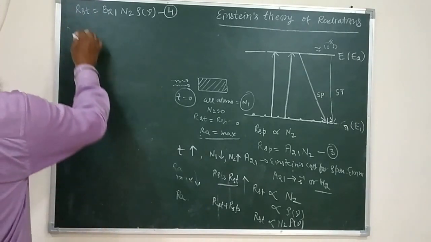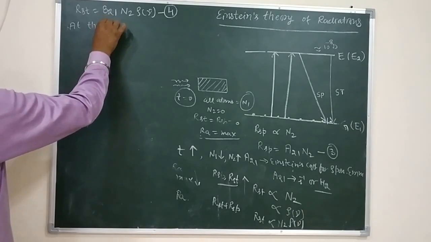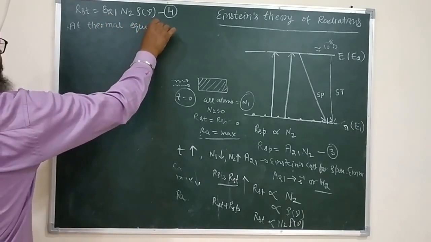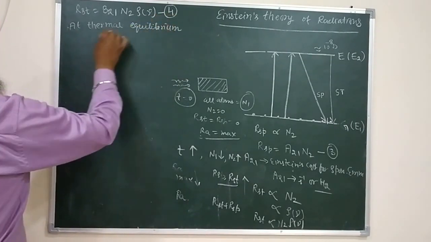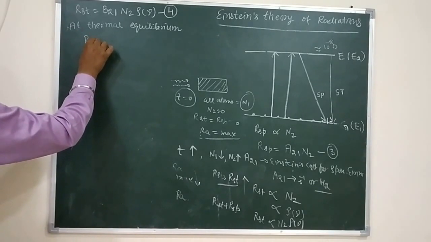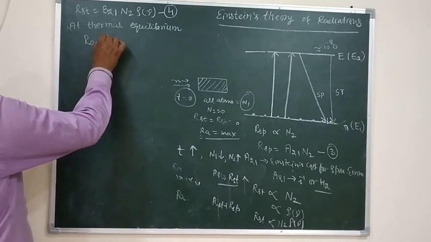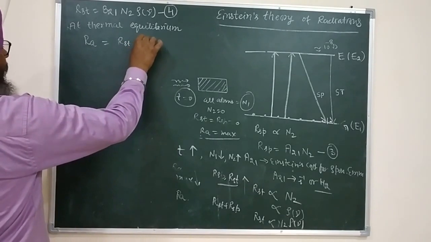And at thermal equilibrium, what is going to happen? At thermal equilibrium, these rates will become equal. Just as we say in chemical reactions, at equilibrium the rate of forward reaction is equal to the rate of backward reaction, here I will say the rate of absorption will be equal to the rate of emission, that is RST plus RSP.